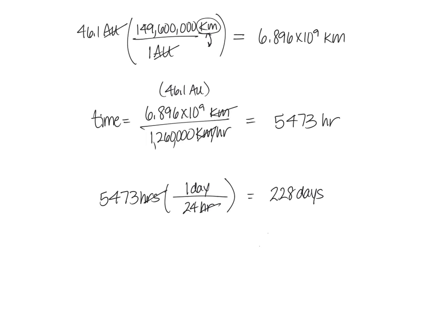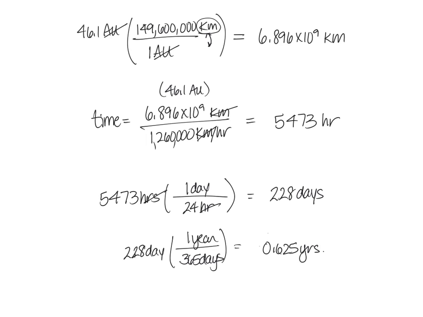And just to go one step further than they ask us to, we could also calculate into years and say 365 days is 1 year, and that would be 0.625 years.